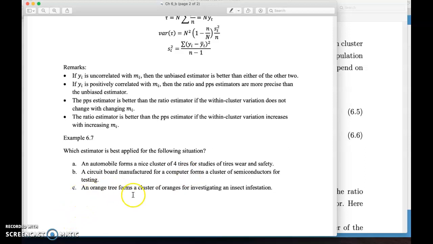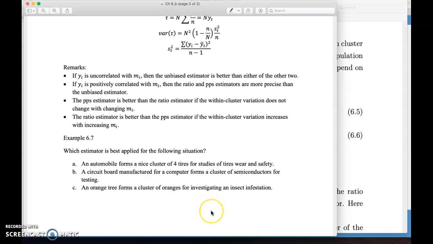Lastly, an orange tree forms a cluster of oranges for investigating an insect infestation. If we can see some of the larger trees, they would have more oranges. A smaller tree has a smaller number of oranges.